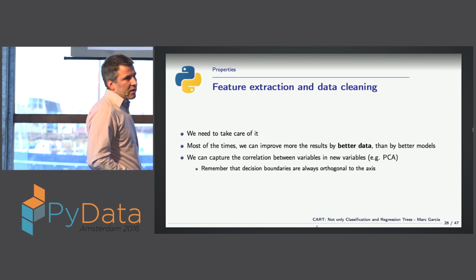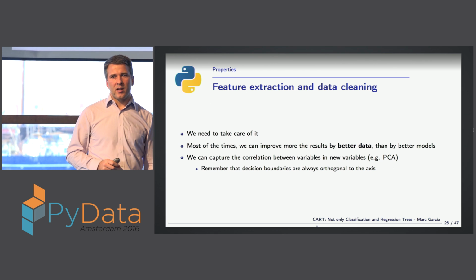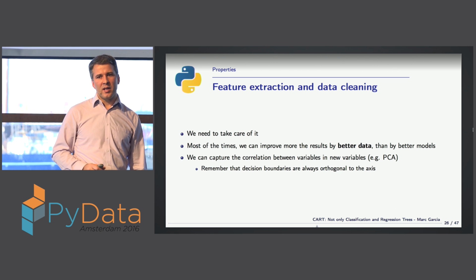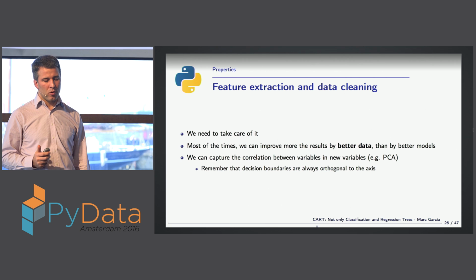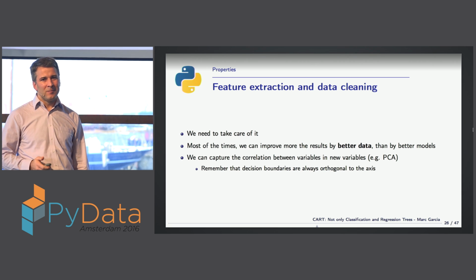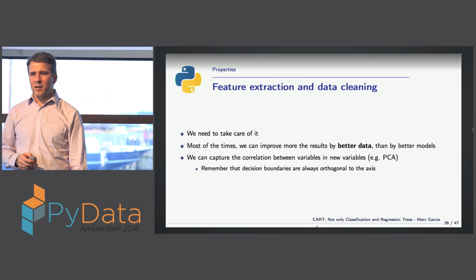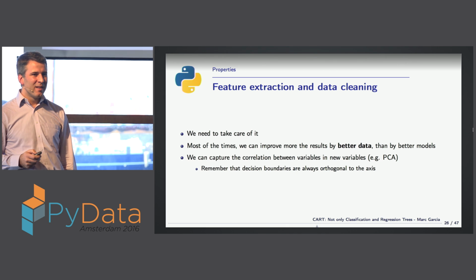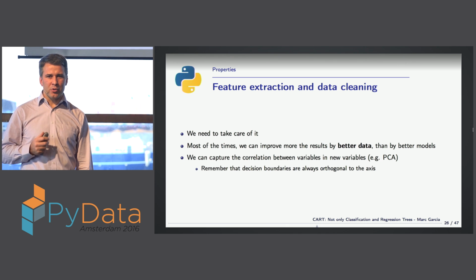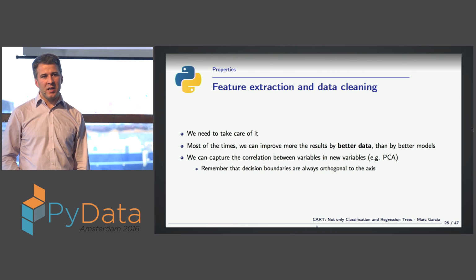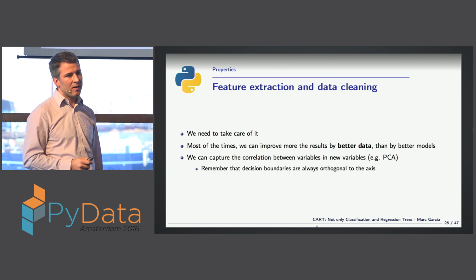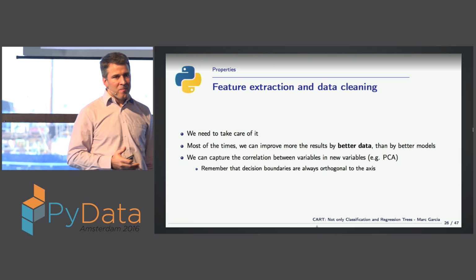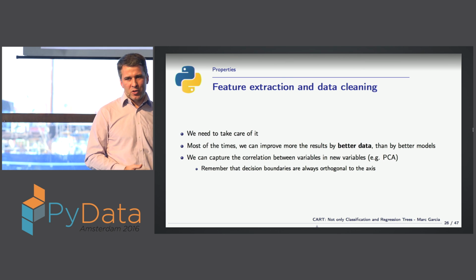So feature extraction and data cleaning in general is whatever we need to provide the model before it can classify. In my experience, and I've read this several times in posts and comments from data scientists, it's usually much more important to have good data than better models. I mean, we have deep learning and support vector machines.